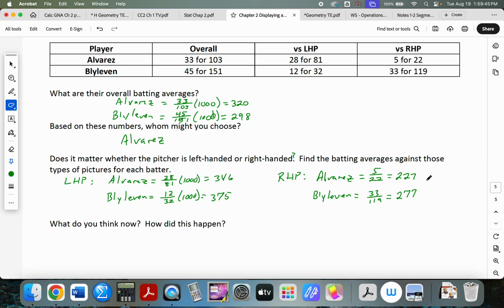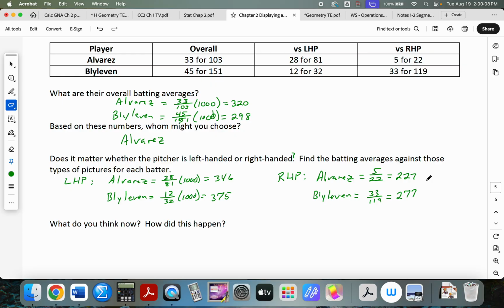Seems weird, doesn't it? It doesn't feel like that should be possible. Wait a minute, how can he be better against both but not be better overall? So here's what happened. Both of them are worse against right-handed pitching, right?